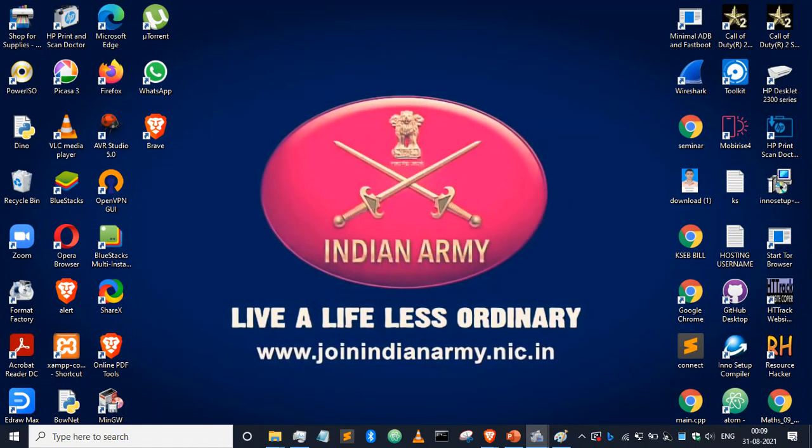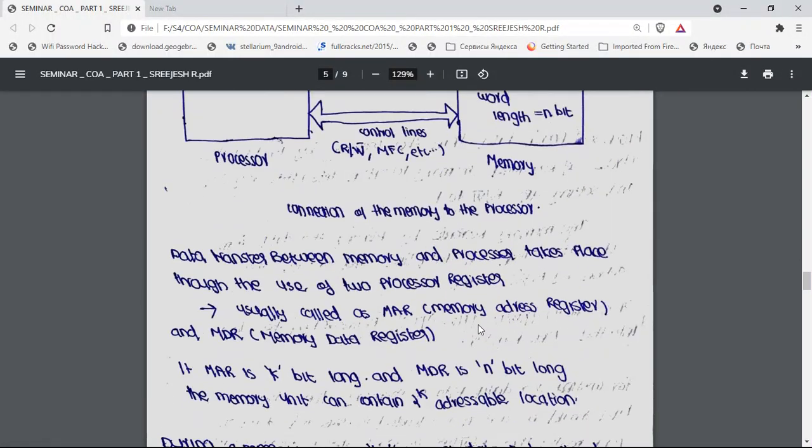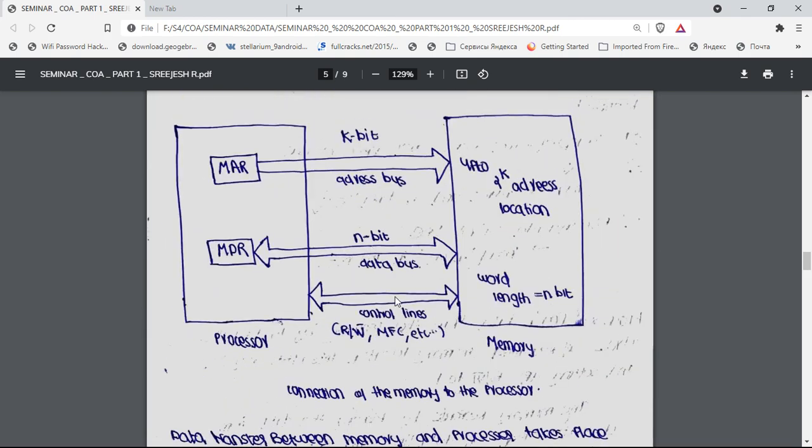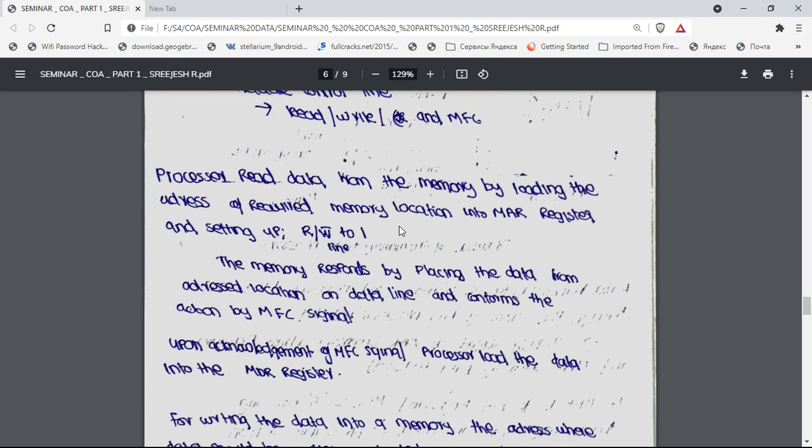The read/write line is a control line, and we will put it to 1.